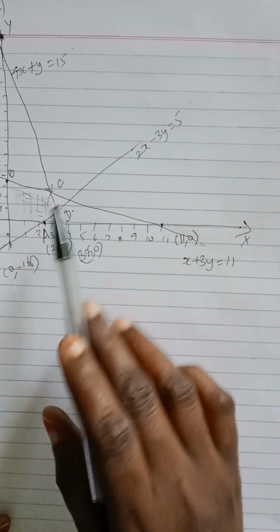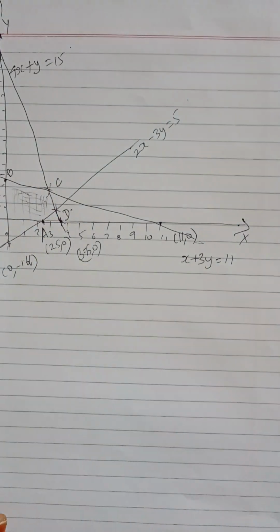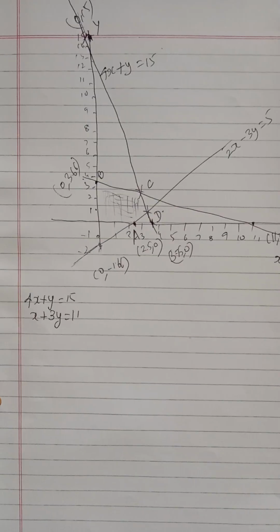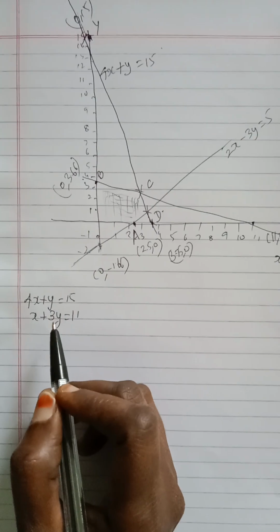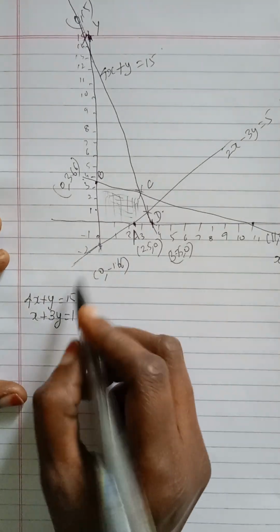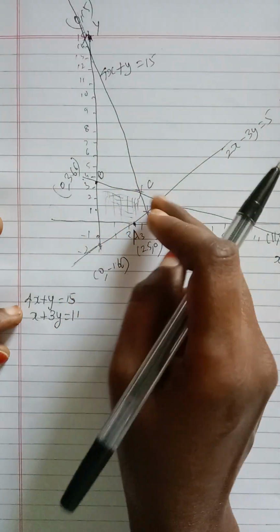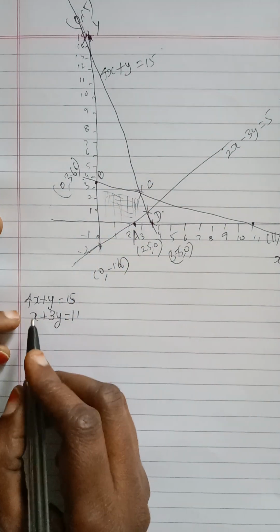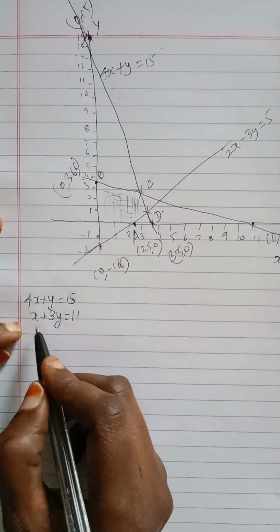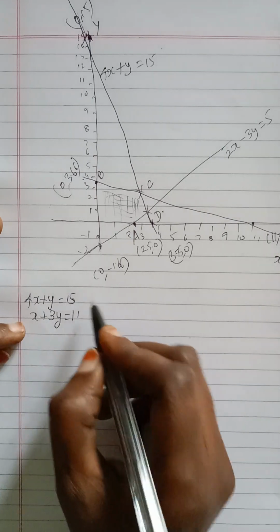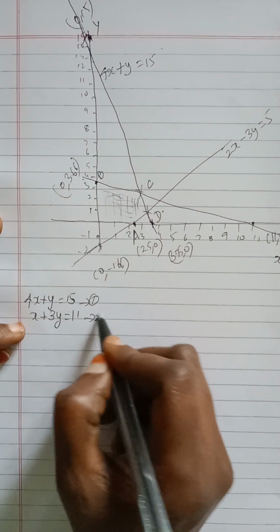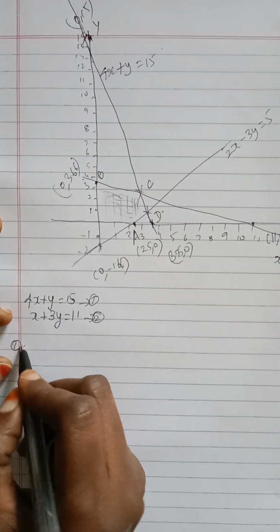Now we'll find the values of the points C and D. We'll find the value of point C by solving these two equations. We solve these two lines and get the values of x and y. So first we multiply the first equation, 4x plus y equal to 15, by 3.